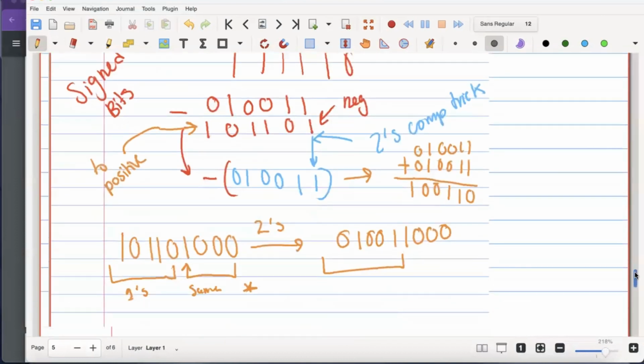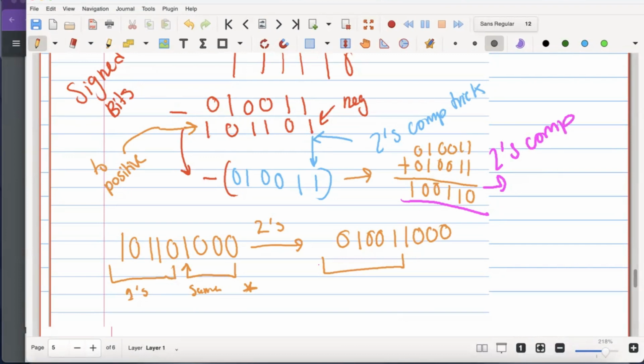Okay. So right here, we have a negative number. Now, we're going to see what the solution is. So we're going to try to convert this back using 2's complement. How do we do that?